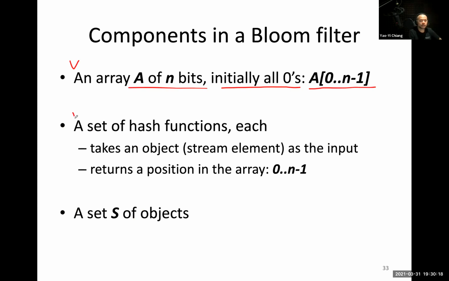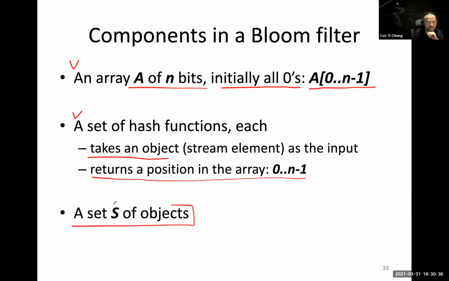You are going to have a set of hash functions. Each hash function will take the input object, or tuple, string, element, as the input, and return a position in the array. Right? You are going to map that input into a position in the array. And you have a set of objects already. Right? Could be 1 billion URLs.